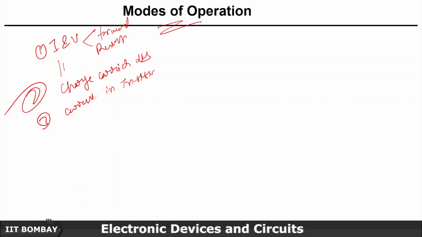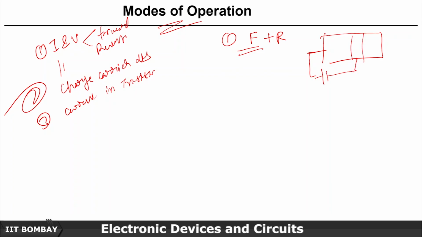Now we'll talk about the different modes. As I've been saying since the beginning, transistors can be used in different modes. One which we have been discussing so far is the forward plus reverse. So here your PN junction is forward biased like this. This is PNP, and this guy is reverse biased.